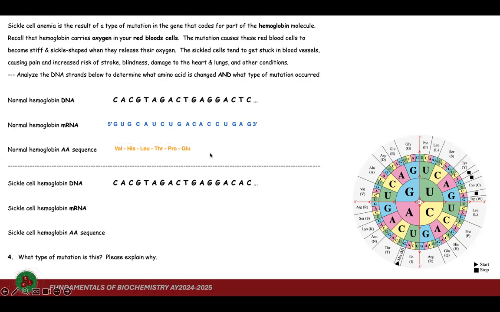So this is the normal amino acid sequence for this segment of the mRNA transcript.